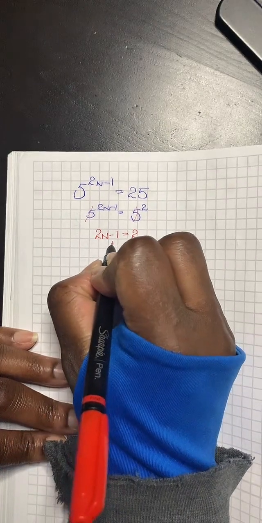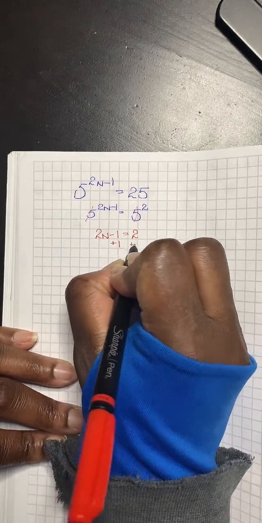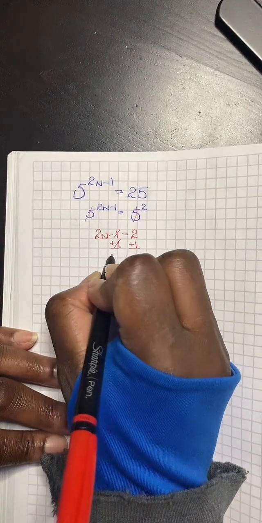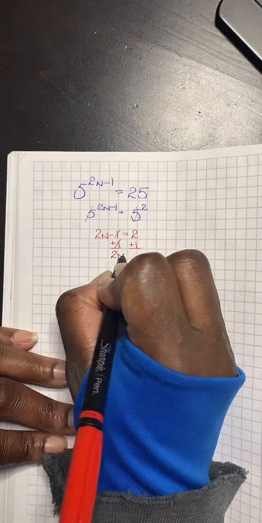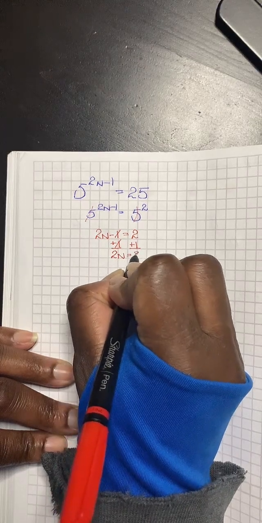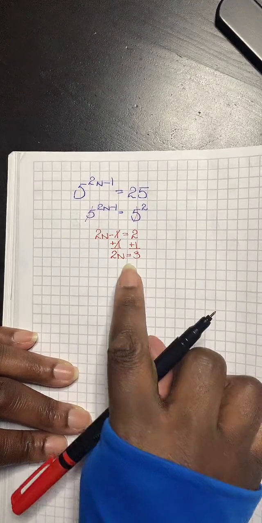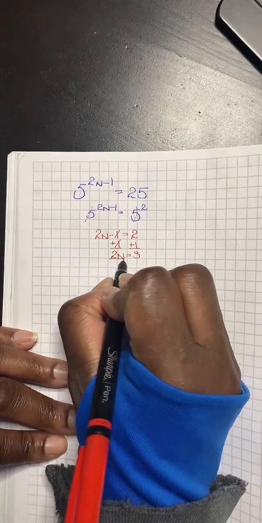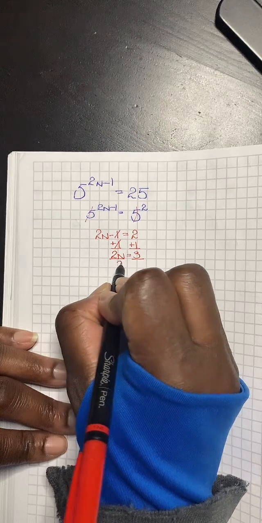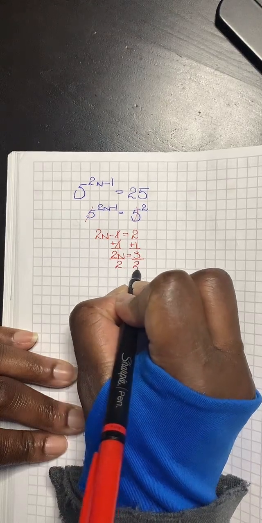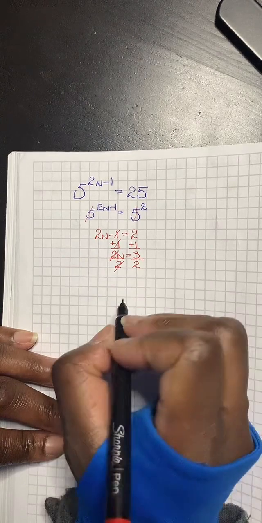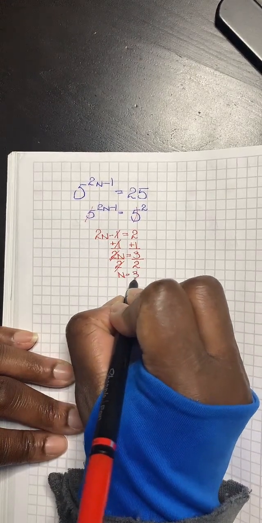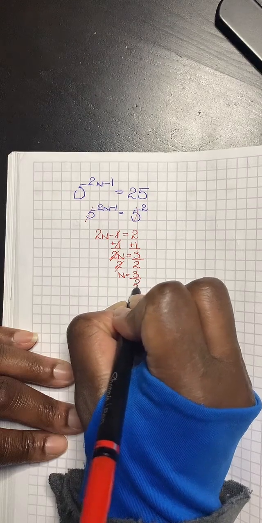So I add 1 to both sides, and now I have 2n is equal to 3. But don't forget, you have to divide both sides by 2. So n is actually equal to 3 halves.